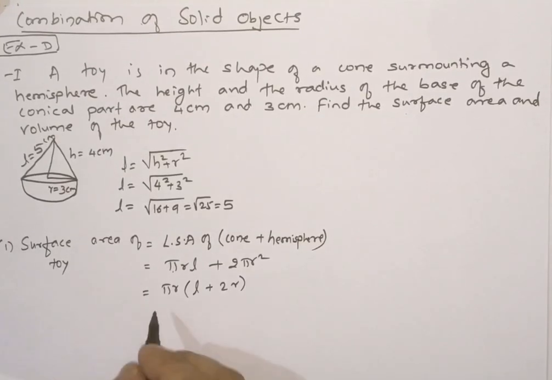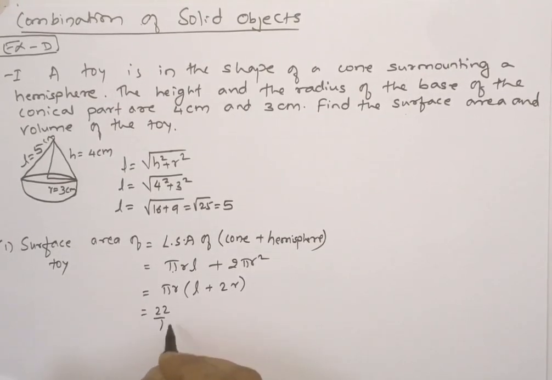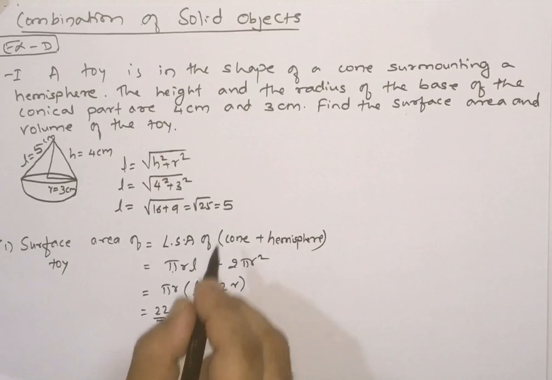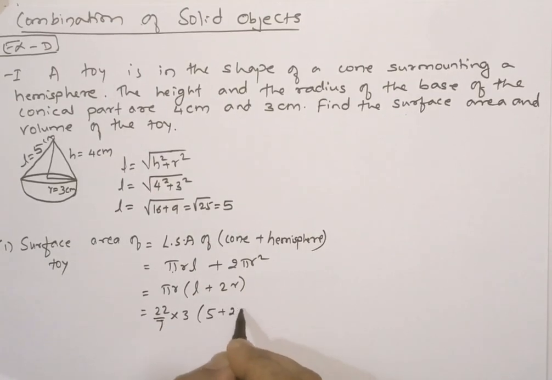So that is 22 by 7 into radius, which is 3, into slant height 5 plus 2 into 3. That is 22 by 7 into 3 into 5 plus 6, which is 11. 11 times 3 is 33.